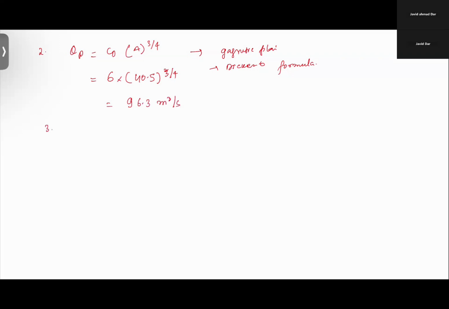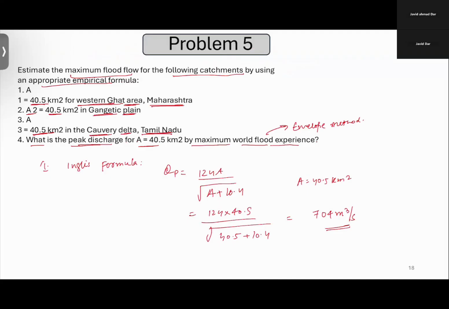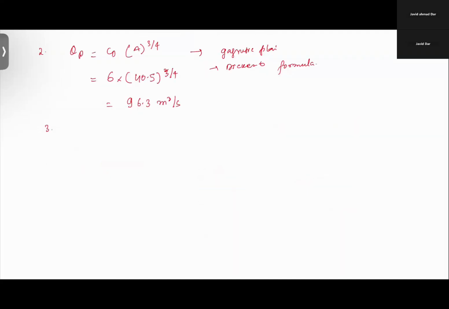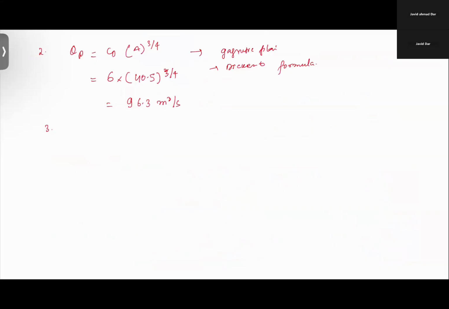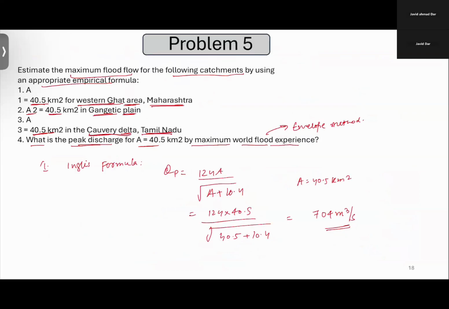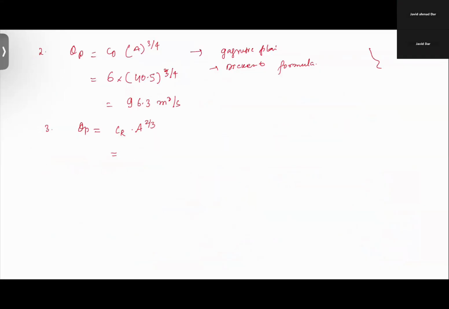In the third case, it's the Kaveri Delta, which is in Tamil Nadu. For Tamil Nadu, we studied that we have to use the Ryves formula, and for that Q_P will be equal to C_R into A raised to the power 2 by 3. Now for your C_R, since this region is the Kaveri Delta, let's say this is the Kaveri Delta, and this is the distance from the coast.